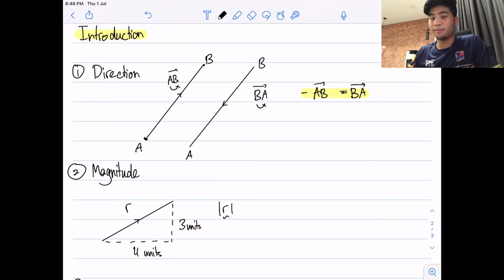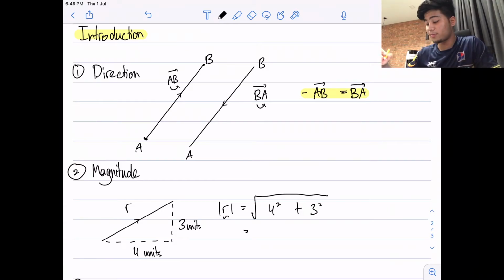So basically the way we find magnitude is the same thing we find distance. So it's square root of 4 squared plus 3 squared, 16 plus 9, 25, root 25 is 5. So the magnitude of vector R is 5 units.